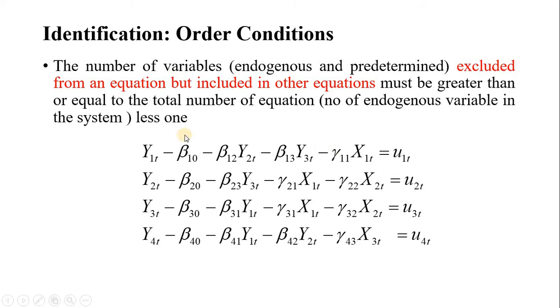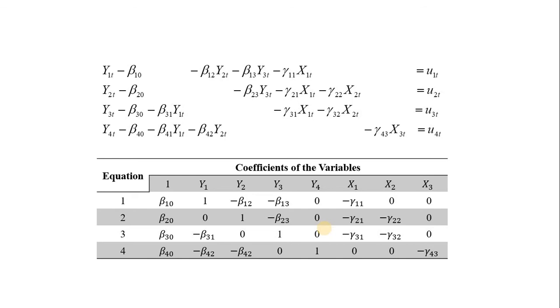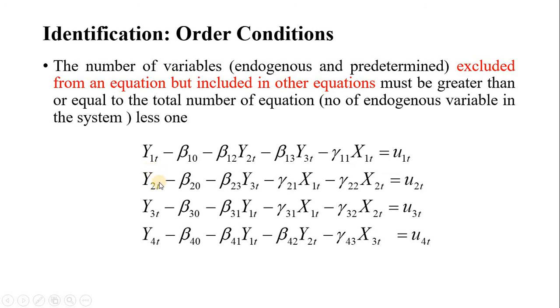This is a system of equations: equation 1, equation 2, equation 3 and equation 4. y1, y2, y3, y4 are all endogenous variables. x1, x2, x3 are all exogenous variables.